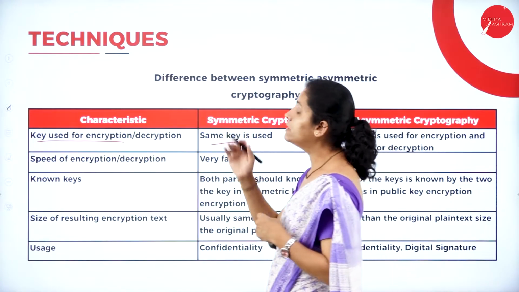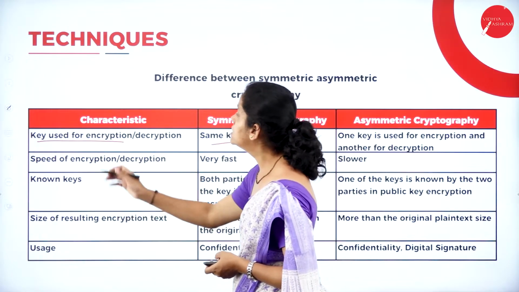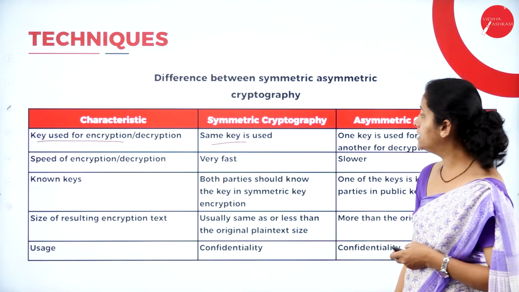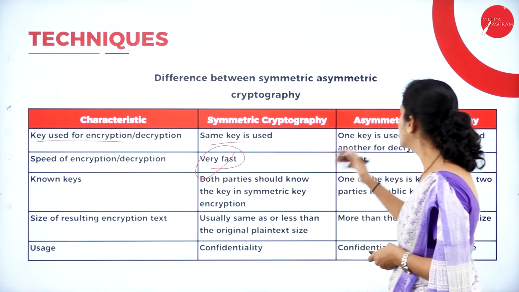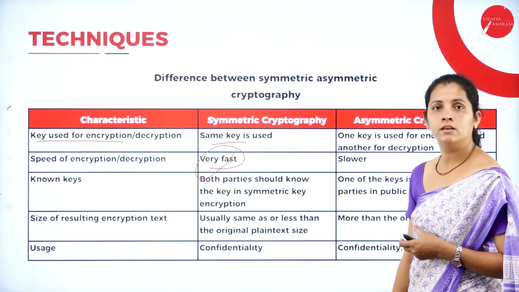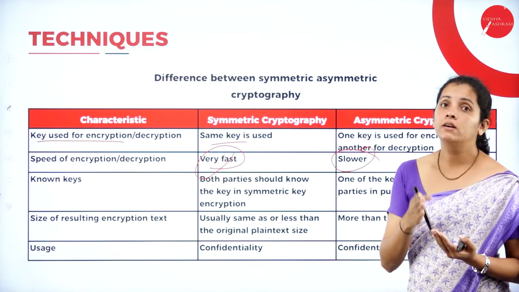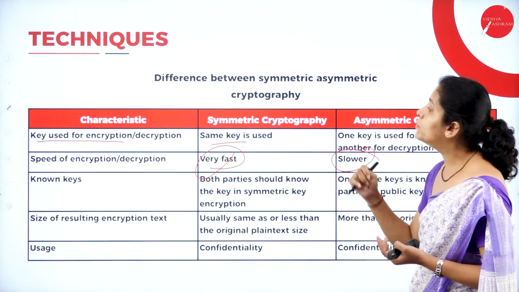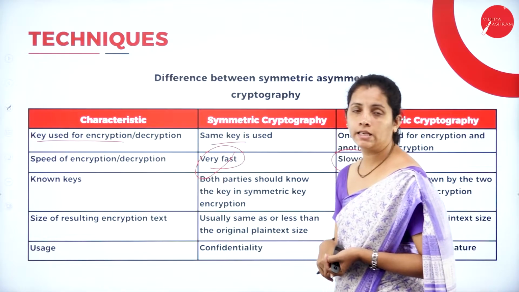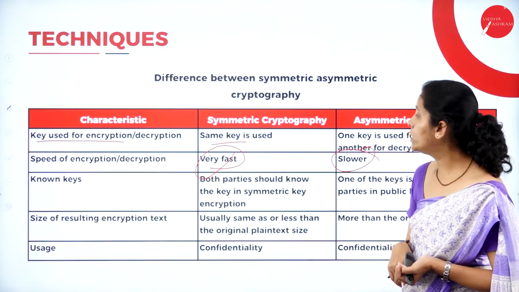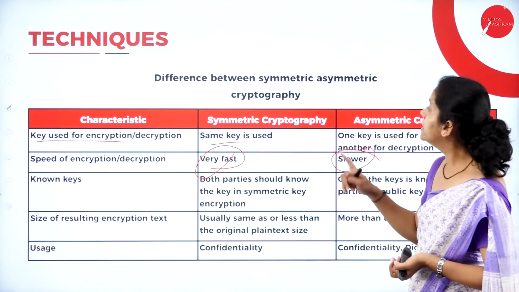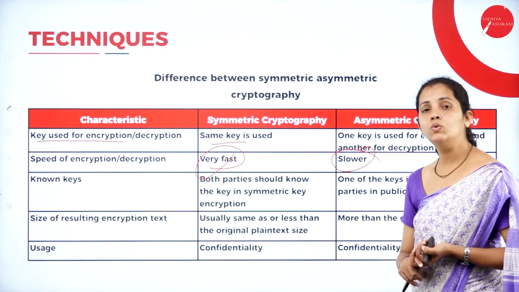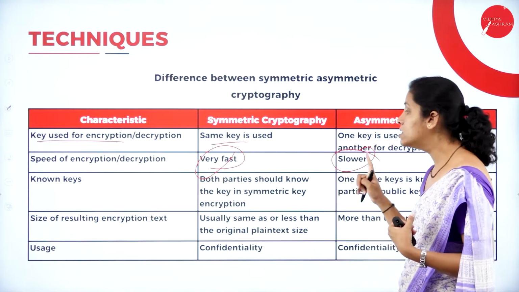Then another characteristic here is speed. The speed of symmetric encryption is very fast compared to asymmetric encryption. The asymmetric algorithms are very slow. Then another characteristic is known keys. In symmetric key encryption, the single key is known by the sender as well as the receiver.